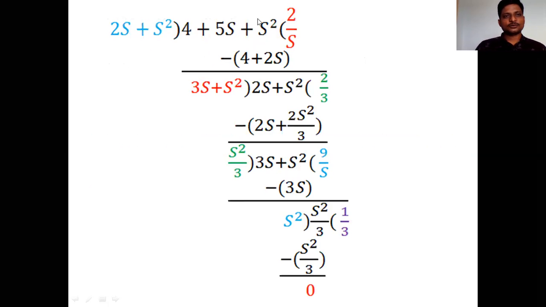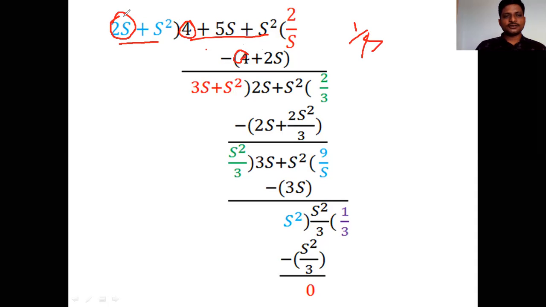So here 2s plus s square is divided by 4 plus 5s plus s square. Now the remainder here is 2 by s. How do we get 2 by s as the quotient? Let me tell you. Here you have no s term in the divisor's first term, whereas the other has an s term, so for that I need to write 1 by s.